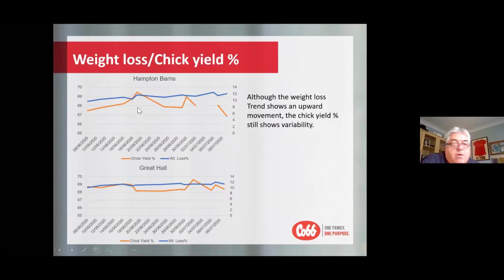This is some work we've been doing with a customer recently, and you can see that we've been measuring the chick yield and the percentage weight loss. So the blue line is the weight loss in the incubator in these two farms, and the chick yield has been a bit variable in their measurements.